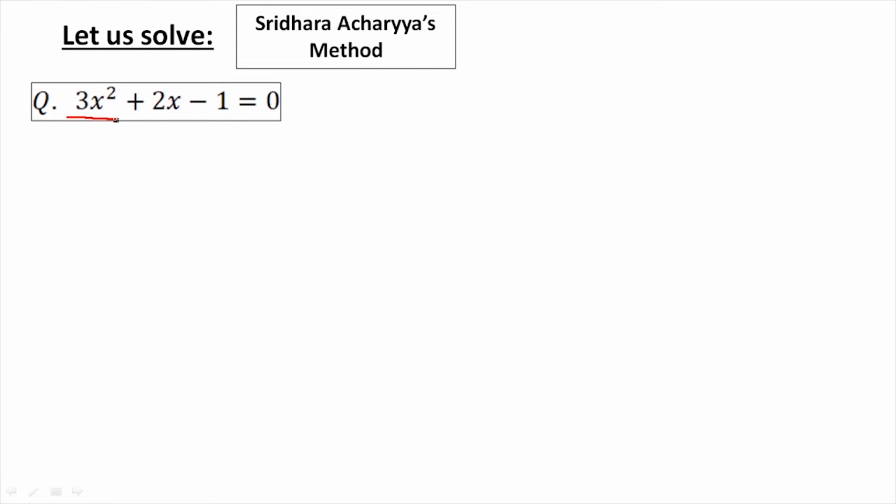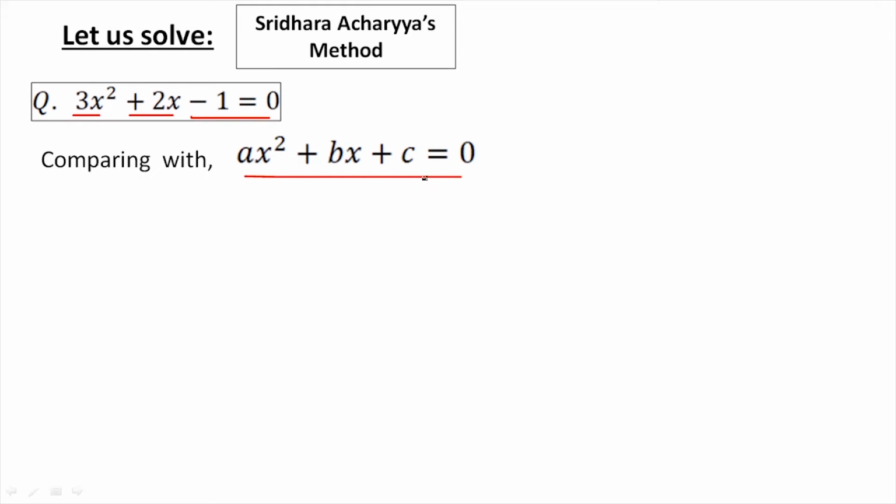3x square plus 2x minus 1 equals to 0. Now what we will do is compare it with ax square plus bx plus c equals to 0 and try to find the values of a, b and c. Comparing these two equations, we see that the value of a is 3, the value of b is 2, and the value of c is minus 1.